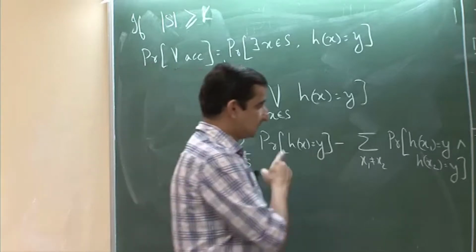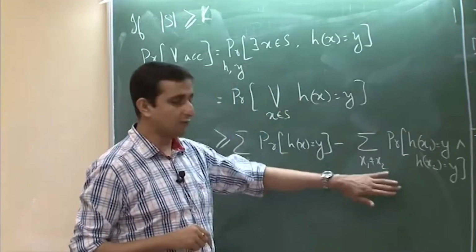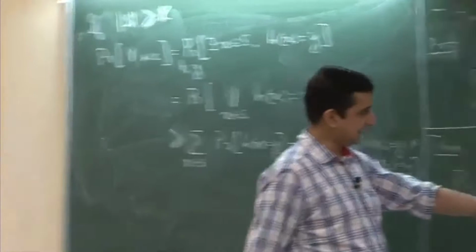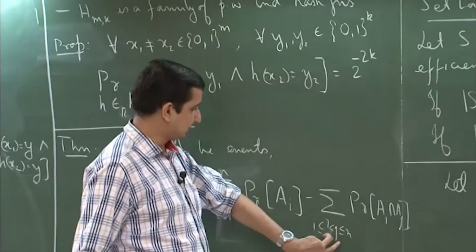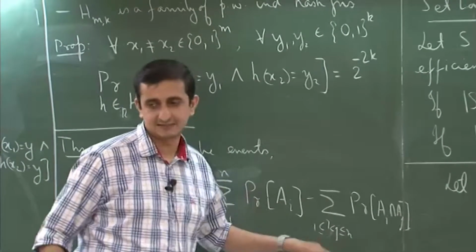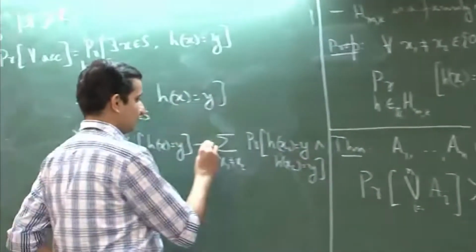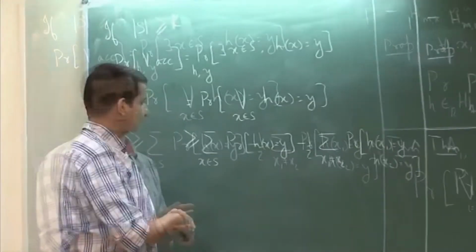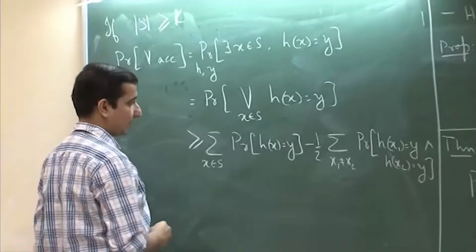A small error, because we are over counting here: i should be less than j, so that is for distinct i's, and we have to put a half.